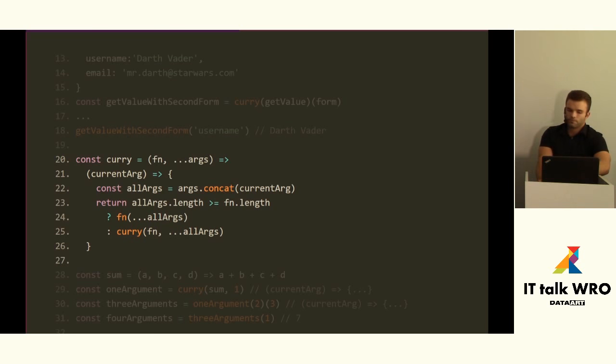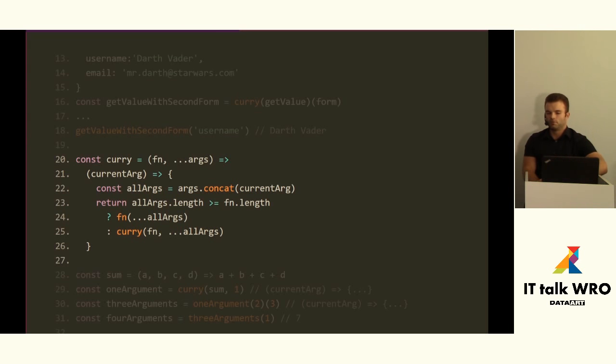We have a curry function which expects the first argument as a function and the remaining args. My curry function creates another one, and inside the other one, I merge all arguments which I have in the parent one with the current argument, only one. And after that, I have a little bit of magic.